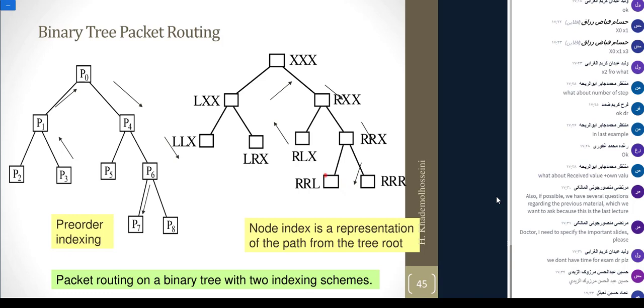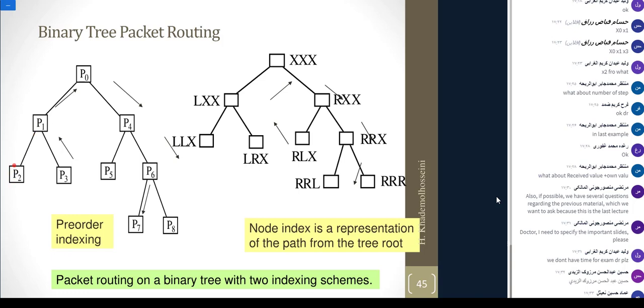Preorder, as I said, has a recursive formula. First we go to the root, then the left subtree. After finishing all of the nodes in the left subtree, we are allowed to go to the right subtree. P0, left subtree, P1, from this point to left, P2.